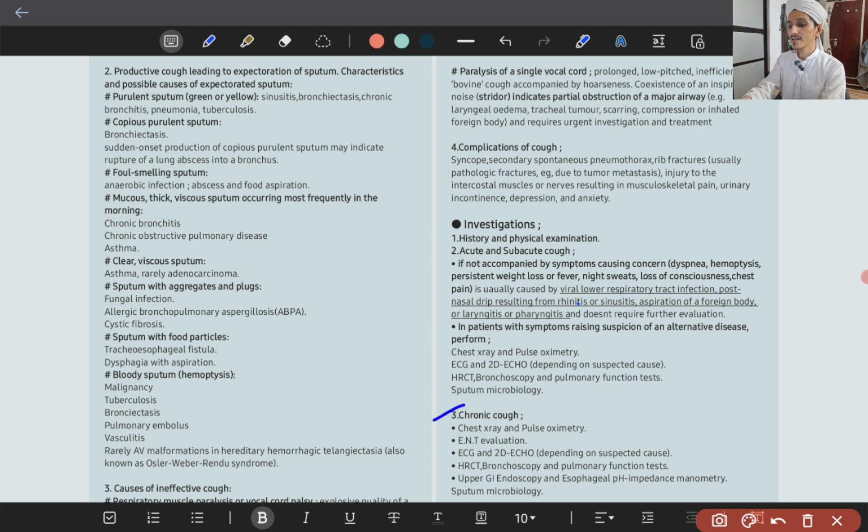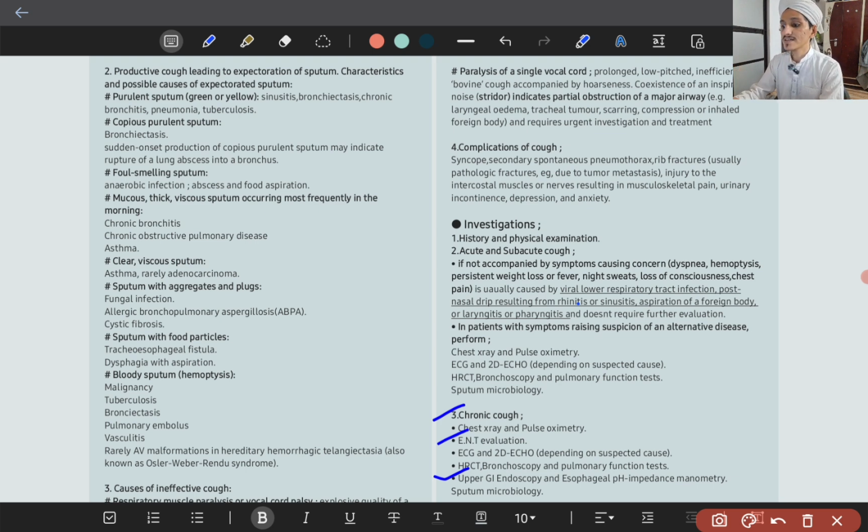In chronic cough, again the same investigations are there, but only two are added. One is ENT evaluation, and the next one is GI endoscopy and esophageal pH manometry, meaning some electrode is kept in the lower part of the esophagus where you monitor for pH, and you will diagnose whether there is GERD, whether there is reflux or not.